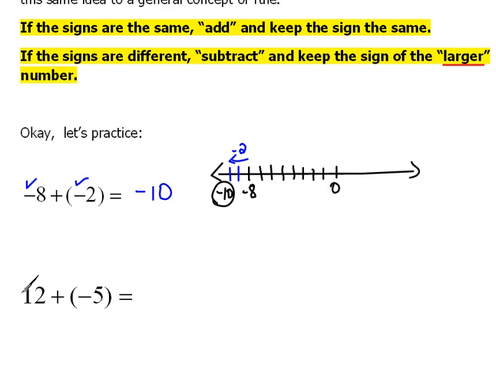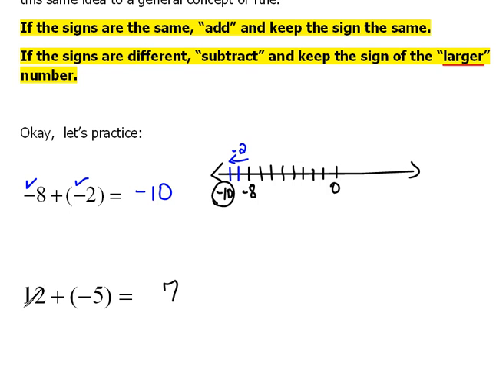This one says 12 and -5. Well, here our signs are different. We have a positive number and we have a negative number. So our rule says if the signs are different, we subtract. So 12 minus 5 would be 7. And it says keep the sign of the larger number.